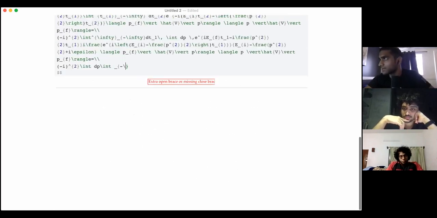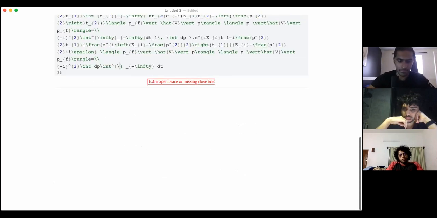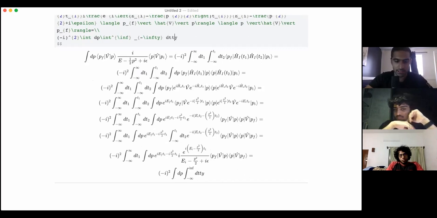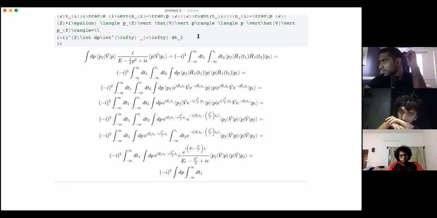But since it's the last integral left, we don't really need to think about it as T1. We could just call it T. It's just an integration variable. I just replace it everywhere. Or if it's confusing, let's keep T1. And I'm not that lazy.